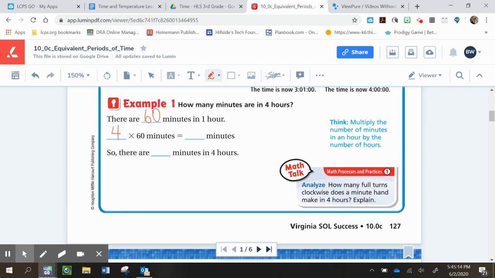Well, when we did multiplication, you can take the 4 and the 6 and multiply those together first. 4 times 6 is 24. And then you just add the 0 on. So there are 240 minutes in 4 hours.